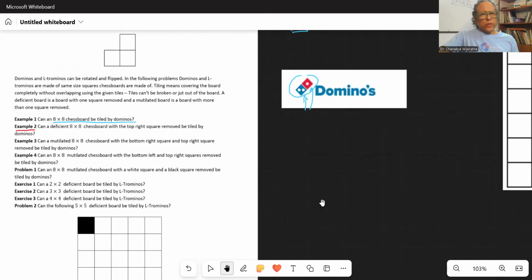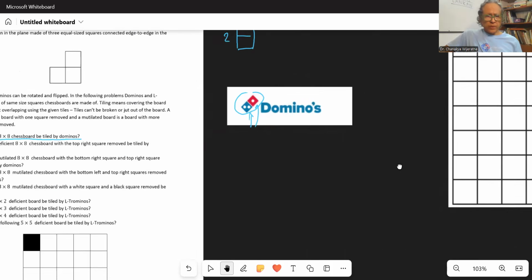Can a mutilated 8 by 8 chessboard with the bottom right and the top right squares removed be tiled by dominoes? Mutilated means that more than one square is removed from the chessboard.